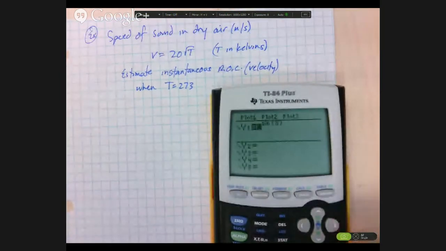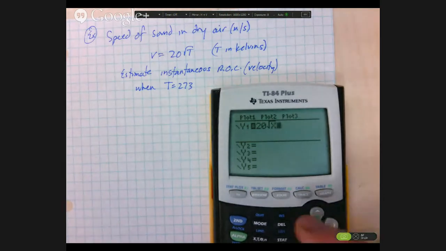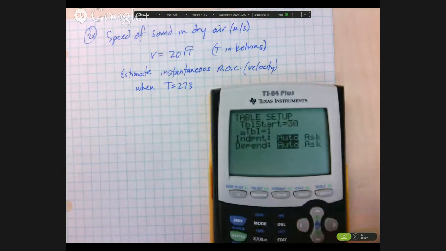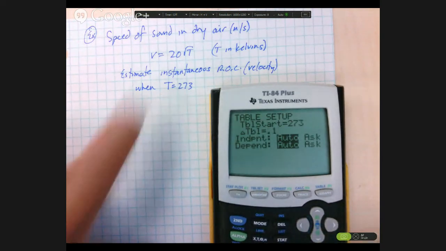So put it in your y equals 20 root x. I'm going to use a table. So I'm going to set my table start at 273 and my change in table, let's go 0.1 for now.